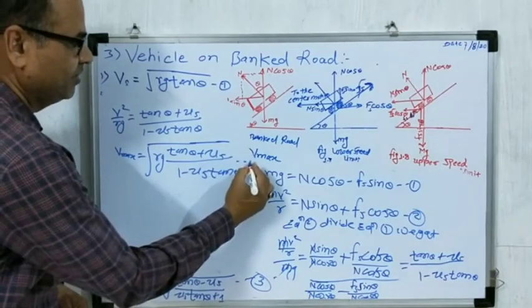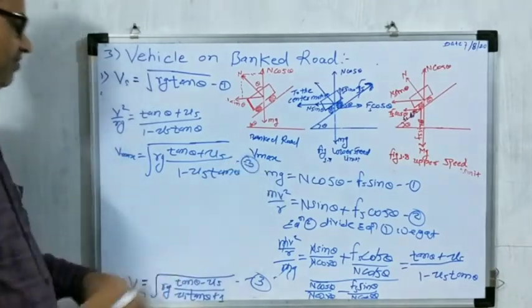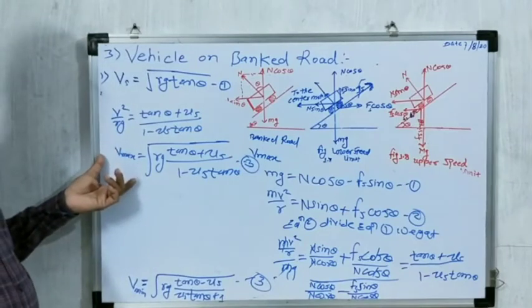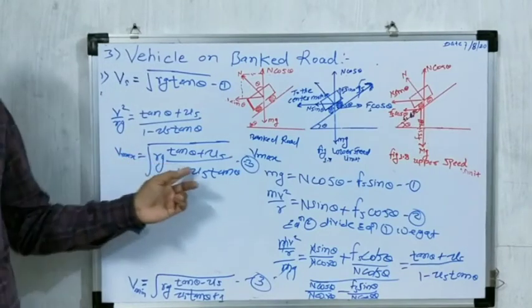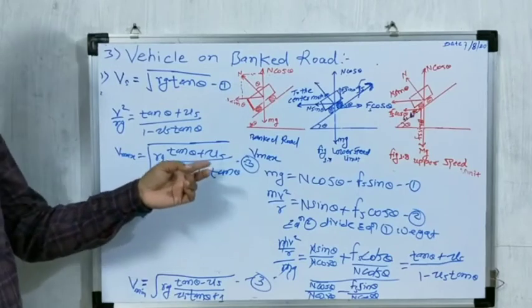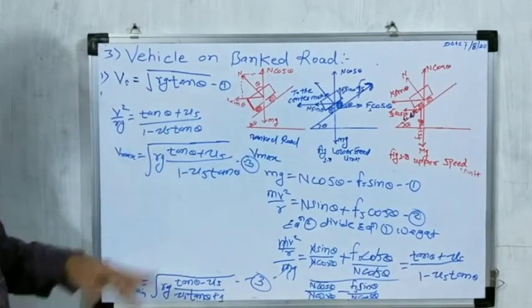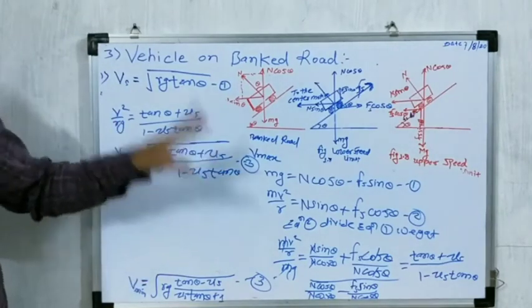This is equation 3. The maximum velocity is under root of rg into tan theta plus mu s divided by 1 minus mu s into tan of theta.